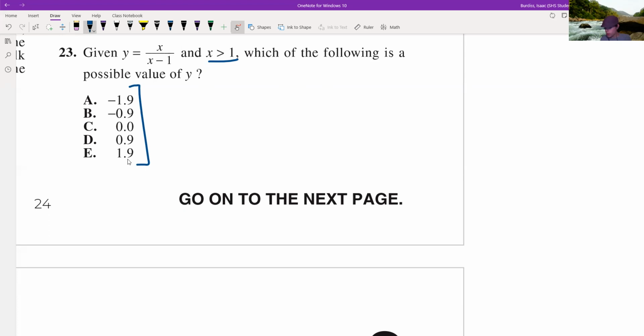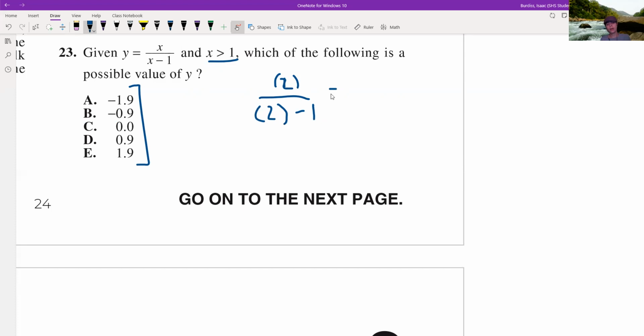Another thing you could do, if you don't know how to solve with two things like that, is make x 1, which is the minimum. Oh wait, it has to be greater than 1. If you made x 2, for example, what would y turn out to be? That's one of the minimum values x could be.